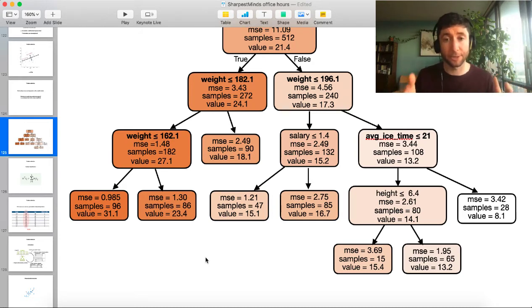You put a player into this decision tree, and it will never give you anything other than 31.1, 23.4, 18.1, 15.1, 16.7, 15.4, 13.2, or 8.1. Those are the only predictions this tree is even theoretically capable of spitting out.